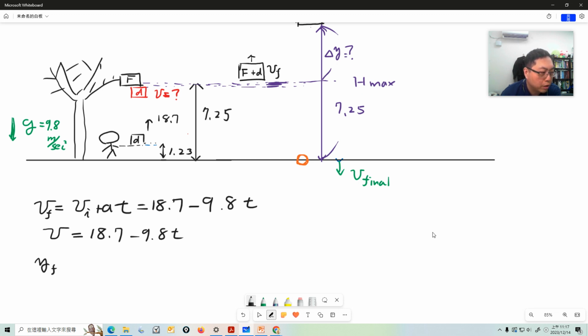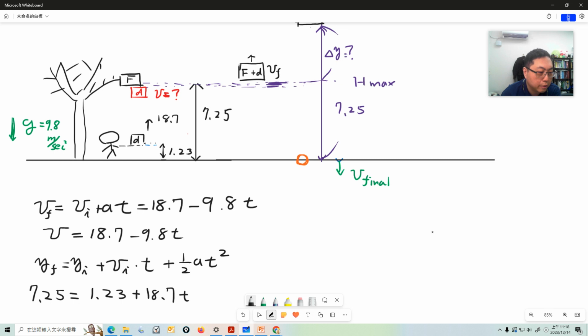yf equals yi plus vi t plus 1/2 a t squared. The final position, just right before the inelastic collision, has height 7.25. The initial height is 1.23 above the ground, and the initial velocity is 18.7 times t. Here the acceleration is minus 9.8, and times 1/2, it's minus 4.9 t squared.